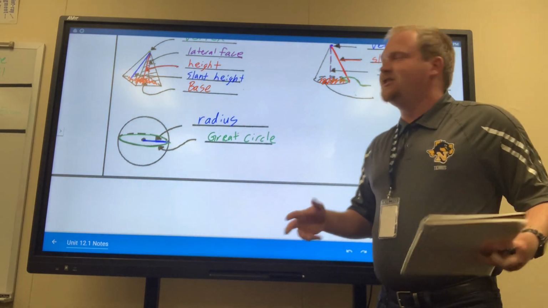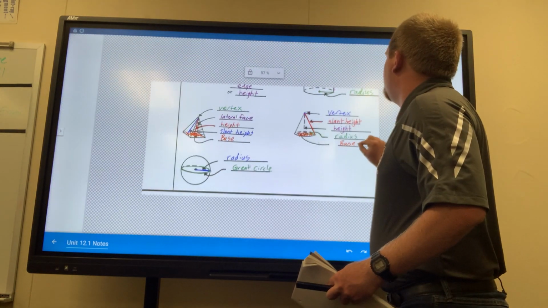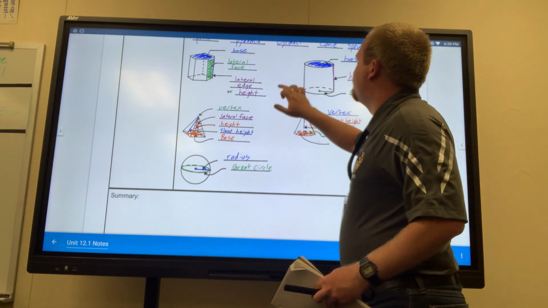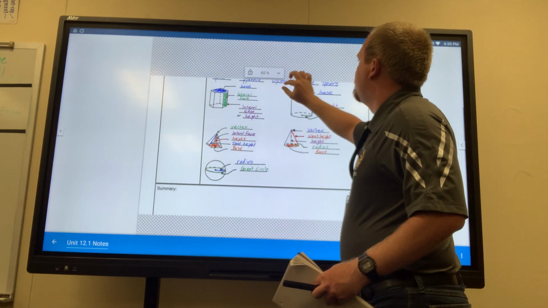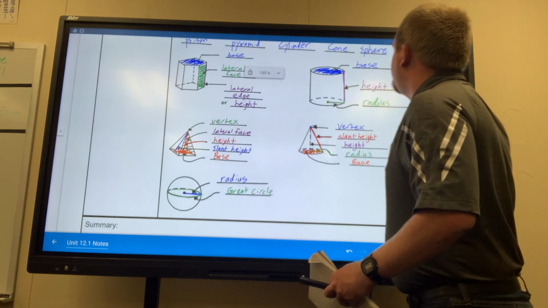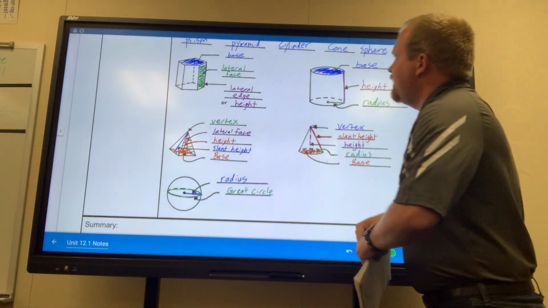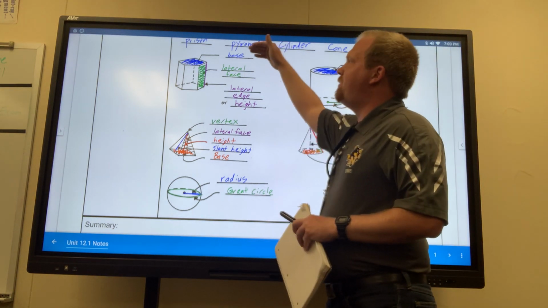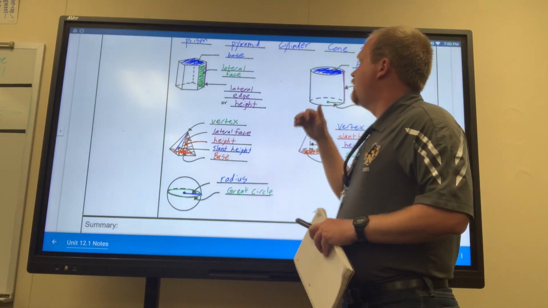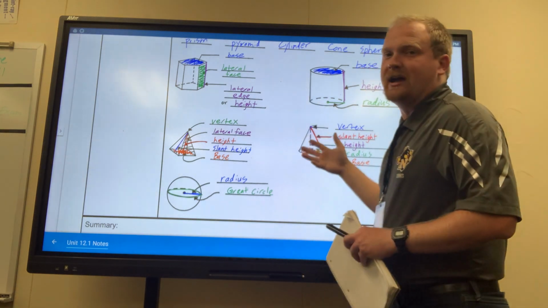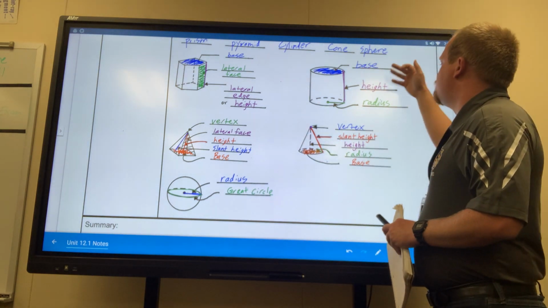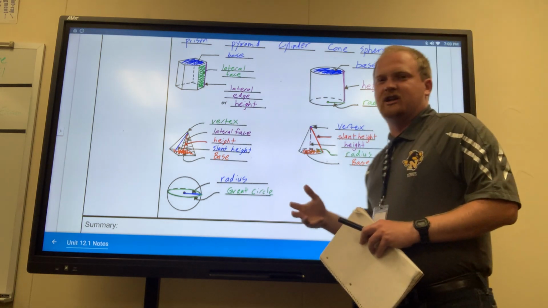So the biggest thing in this lesson is just knowing these characteristics. Let me fix this real quick. It's just knowing these characteristics. The biggest thing is recognizing the base, the lateral face, the edge or the height, and knowing the radius and the slant height.